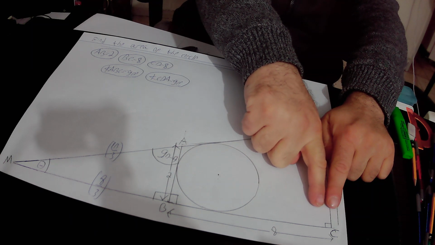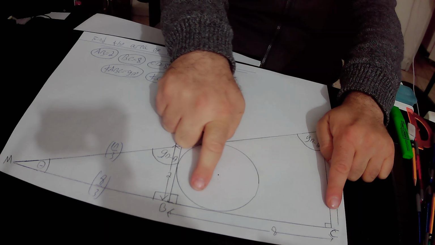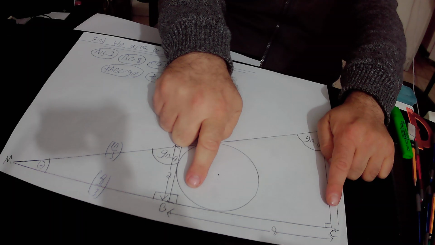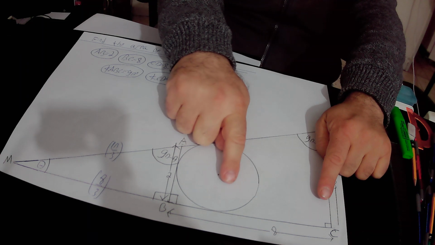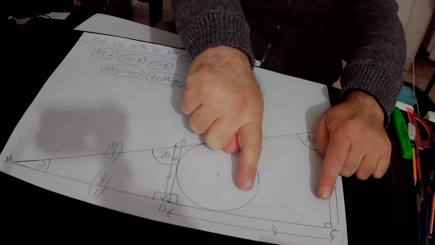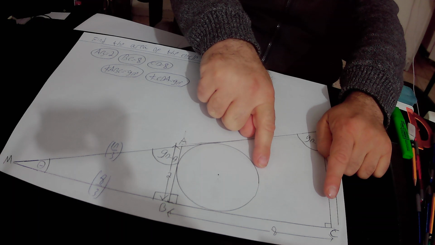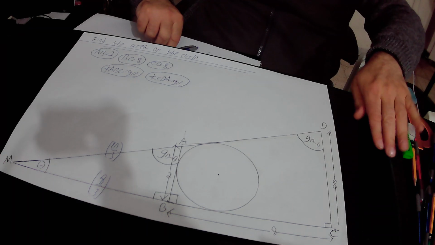We have infinite points where we can draw the perpendicular. Therefore, we'll choose the point on BC that is exactly also tangent to this circle. Therefore, it is possible to do it.